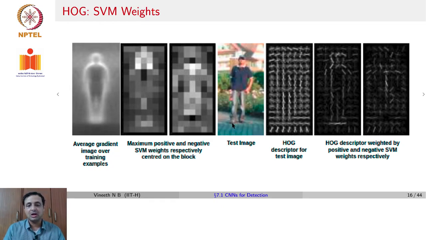Given a test image and its corresponding histogram of oriented gradient descriptor, you can multiply these descriptors by the positive and negative weights and you would get something like this. And you notice here that looking at the positive weights, it would be easy for the SVM to classify this as a pedestrian being in an image.